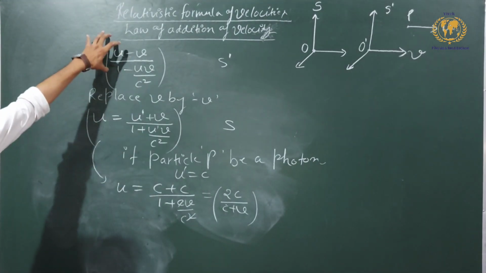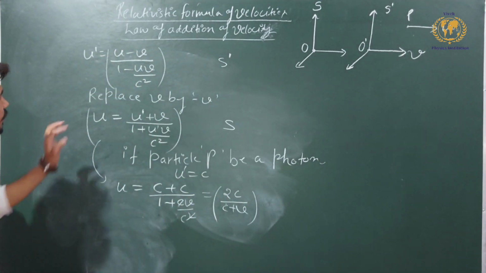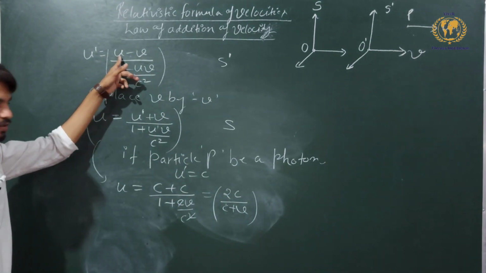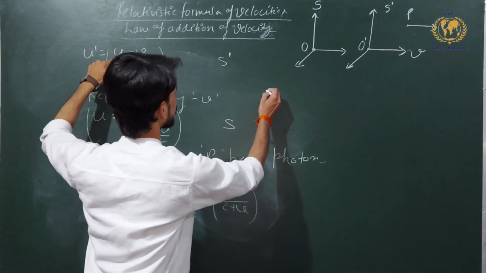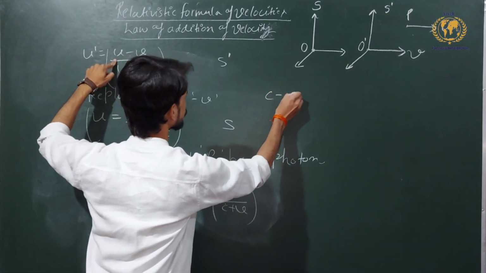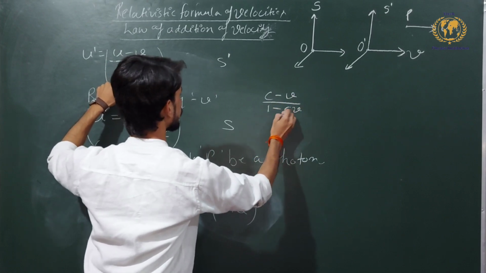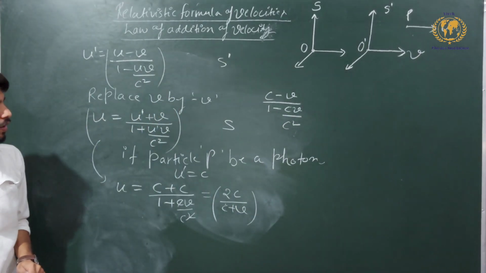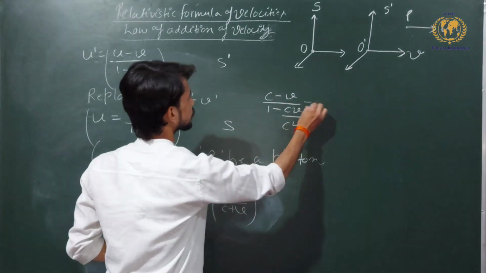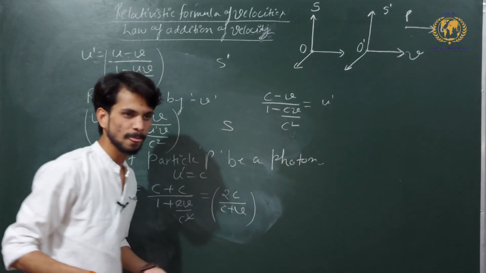Also, you can look at this formula for the same kind of particle P. If I put here u as c, what will I get? I will get c minus v divided by 1 minus cv divided by c square. Okay, this is for that particular type of particle, u dash.